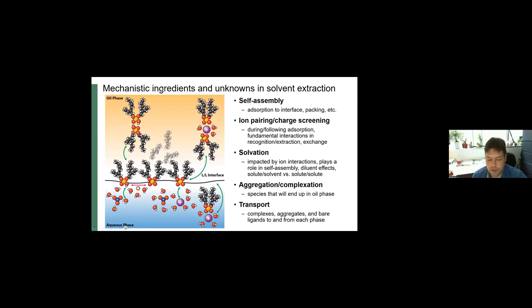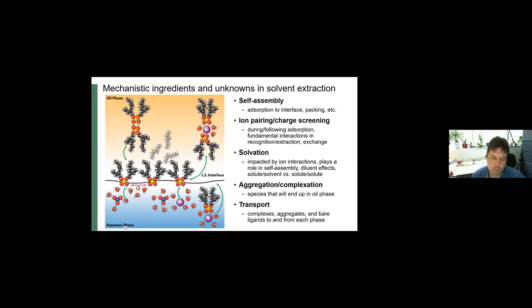So there are lots of different ingredients and lots of different processes that can take place during solvent extraction, and Aurora went over these very nicely, and Mark discussed a lot of them as well. For a separation to happen, you have to have ligands in an oil surface. They might self-assemble. There are lots of things that can happen at these liquid-liquid interfaces. You can have changing ion pairing interactions that then tune the interface and the solvation environment.